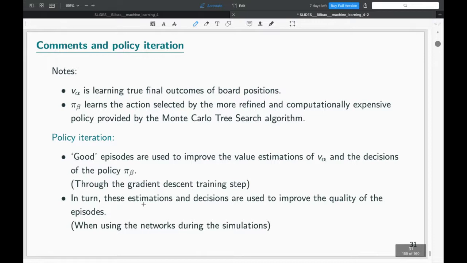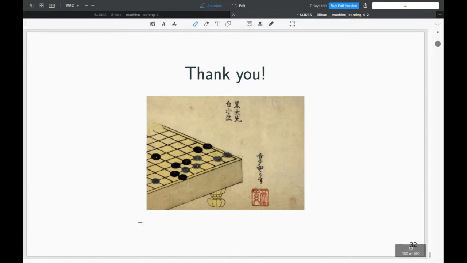But being able to do good estimations and decisions allows you to improve the quality of the episodes when you use the networks during the simulations. So when you do simulations, you are improving on the networks. And when you do the gradient descent step, you are improving the networks with the information obtained from the improved simulations. Okay, and this is all.